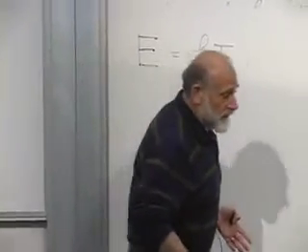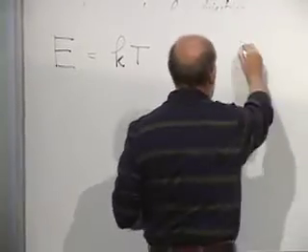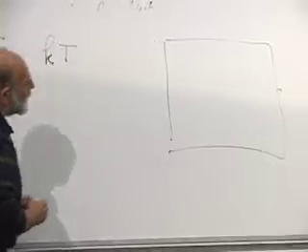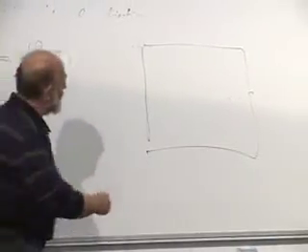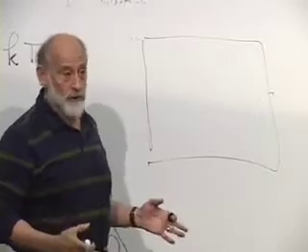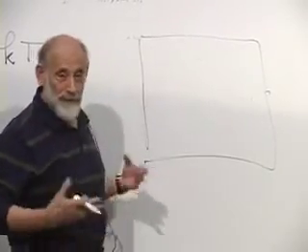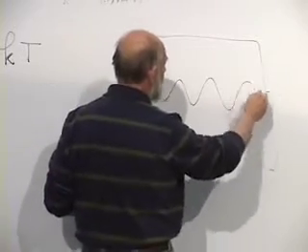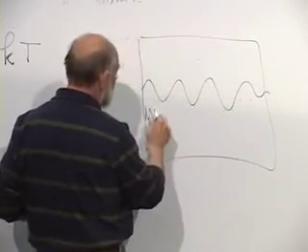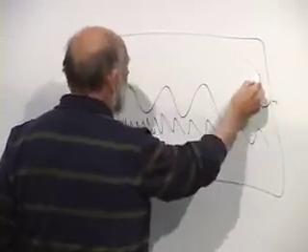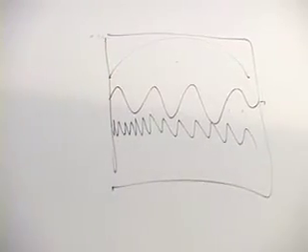All right, so now you have light, or electromagnetic radiation, in a cavity, and in that cavity you can have waves bouncing back and forth. You can't have waves which, of course, are longer than the size of the cavity. They won't fit into the cavity. But you can have waves of arbitrary wavelength that will fit into the cavity, very small wavelengths that just barely fit into the cavity.